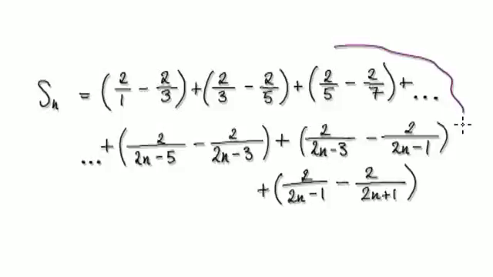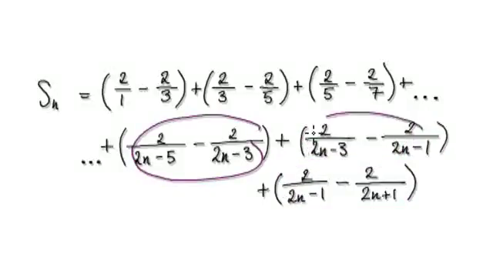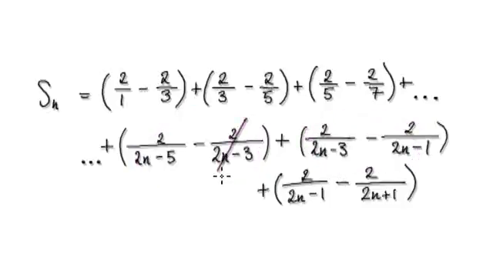And then if you go all the way to the end, let's compare the very last term and the one before the very last term. The right hand side will cancel out with the left hand side, and then let's compare this with this. The right hand side will cancel out with the left hand side. So you can see that this will cancel out with this. Hang on, let me go back one step.